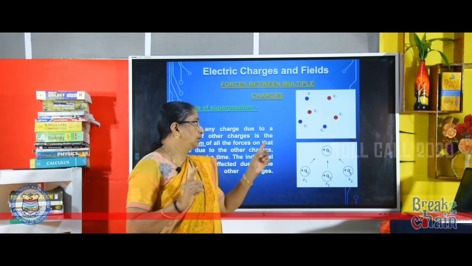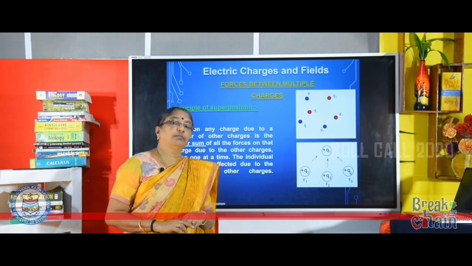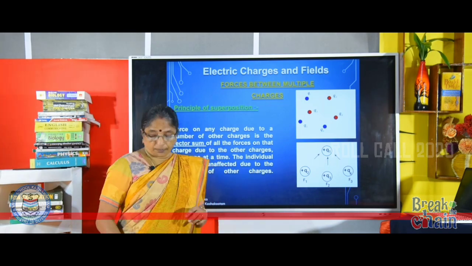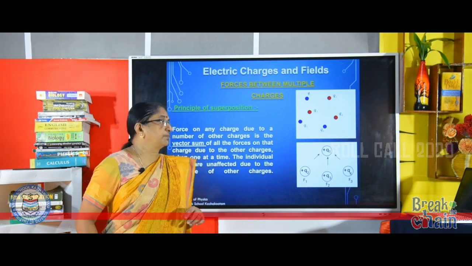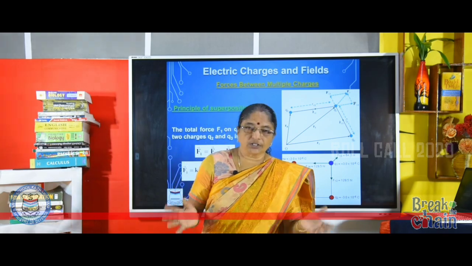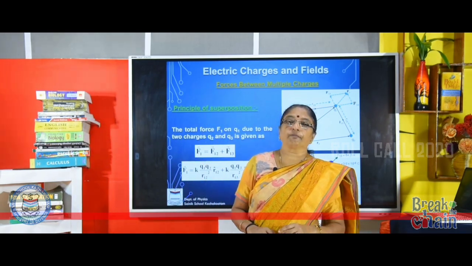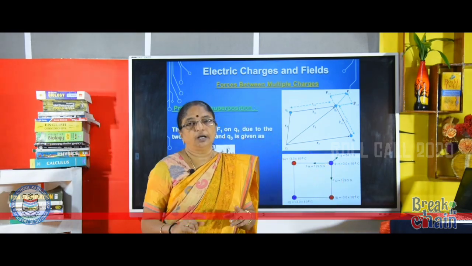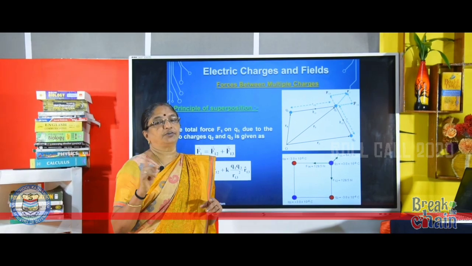So the total force on any one of the charges, say Q1, can be determined by the superposition principle. We have studied this in 11th standard already. The superposition principle states that if a charge is surrounded by many charges, the total force on any single charge is the vector sum of the forces experienced by other charges on the first.